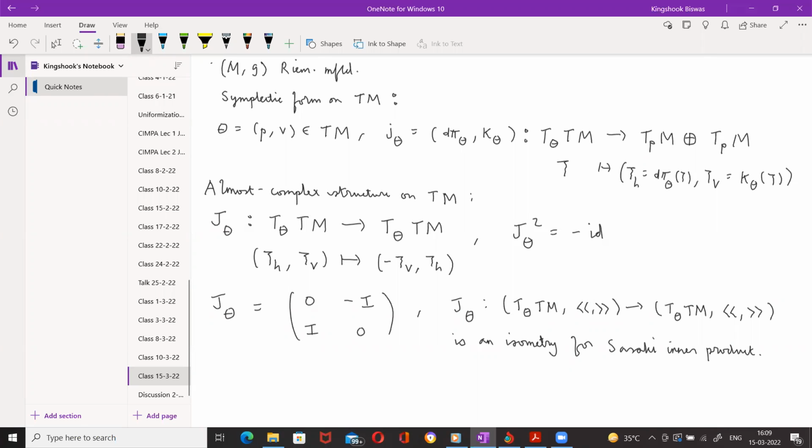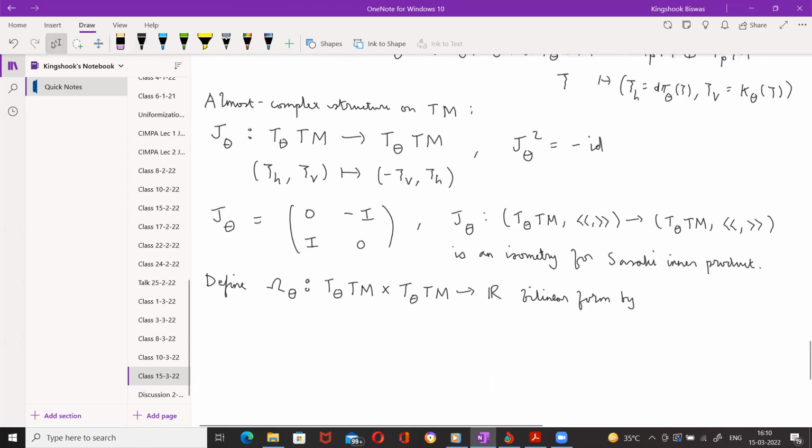So for us, we don't care about whether it's integrable or not. We just can use it to define a symplectic form. So define omega theta, a bilinear two form from T theta TN cross T theta TN to R, by omega theta of xi, eta is defined to be the Sasaki inner product of j theta xi with eta.